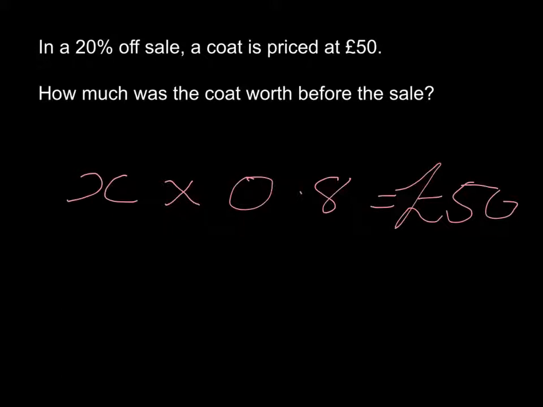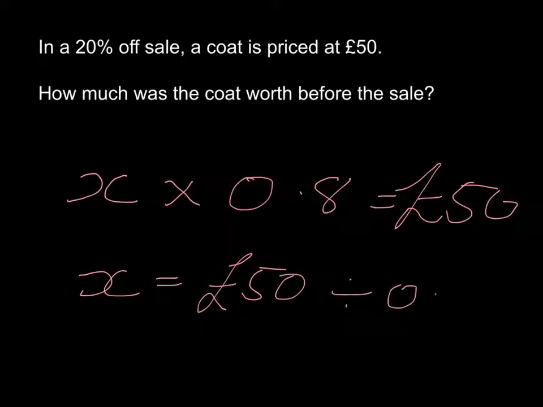Now this shows us how we can work out this unknown quantity. Here we have times by 0.8. Now, I don't want the times by 0.8 there, I want it on the other side, so I've got x on its own. So I'm going to rewrite this as x equals my £50 divided by 0.8.